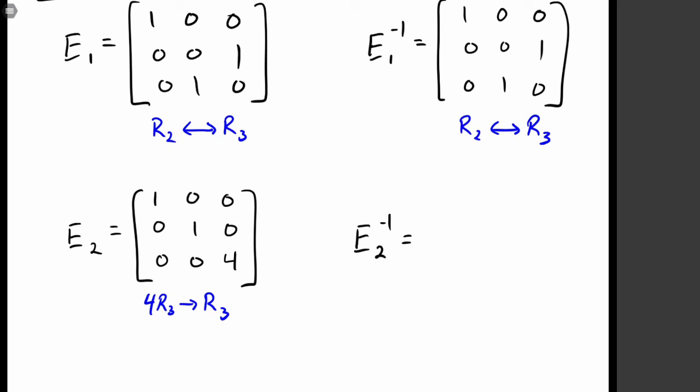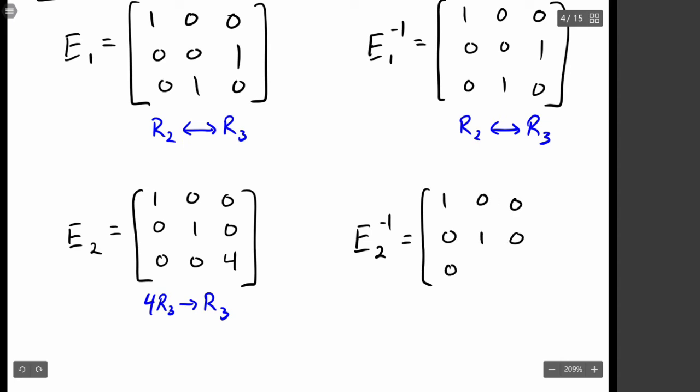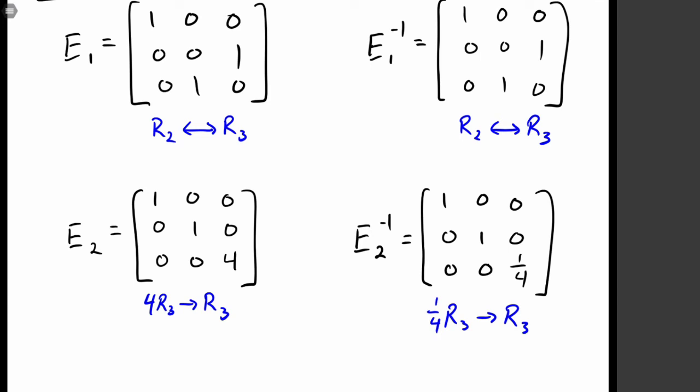If we multiplied a row by 4, then to undo that we would divide the row by 4. Does that make sense? So over here, we want to divide row 3 by 4. It'd look like this. That's the inverse. Hopefully it's not too bad. These inverses we can just logically think through. We know what this elementary matrix does, and we just think about how to undo it.